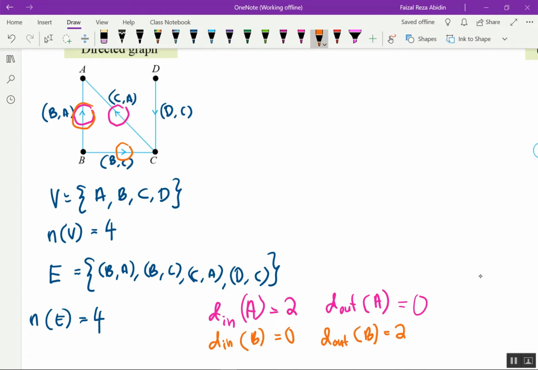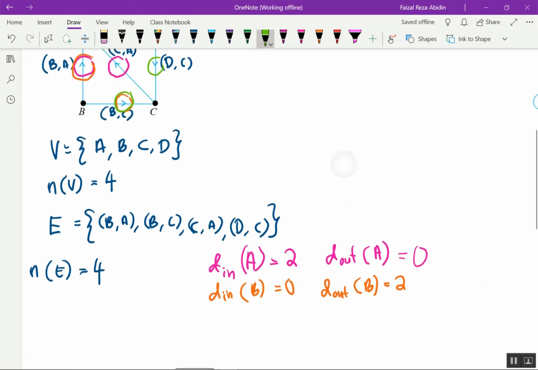Okay, class? Next, we look at vertex C. For vertex C, is there any in? Yes. How many in? Correct, there are 2 here, 1, 2, the green ones. So for degree in for vertex C, I write down 2.